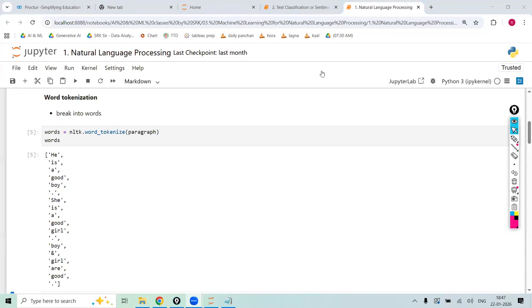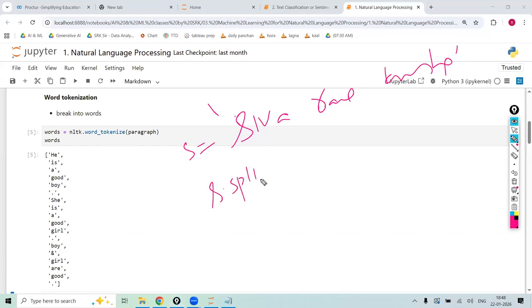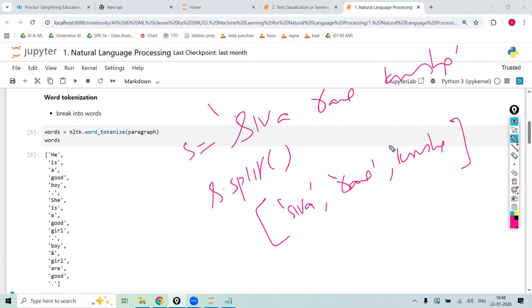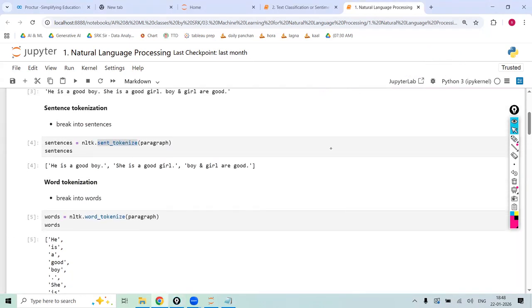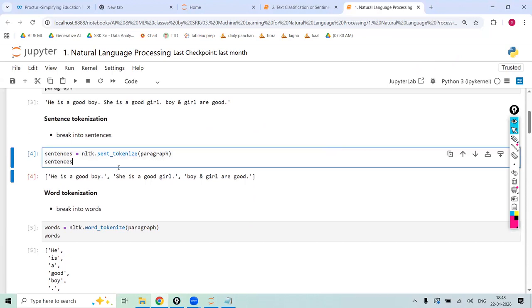If you remember, with Shiva space, Rama space, Krishna, when I apply s equal to that string and s dot split, automatically I get the list of words. Similarly here, with sentence tokenize and word tokenize, the sentence tokenize is going to divide into the sentences.